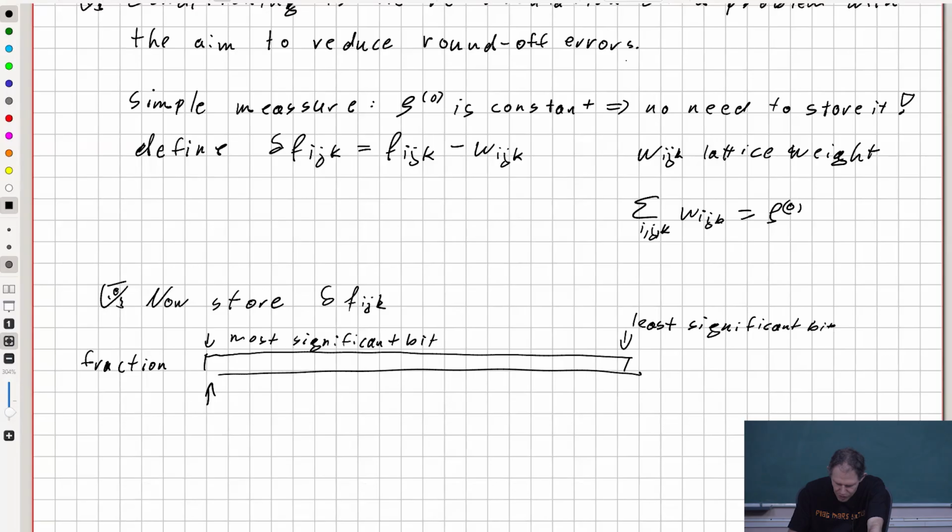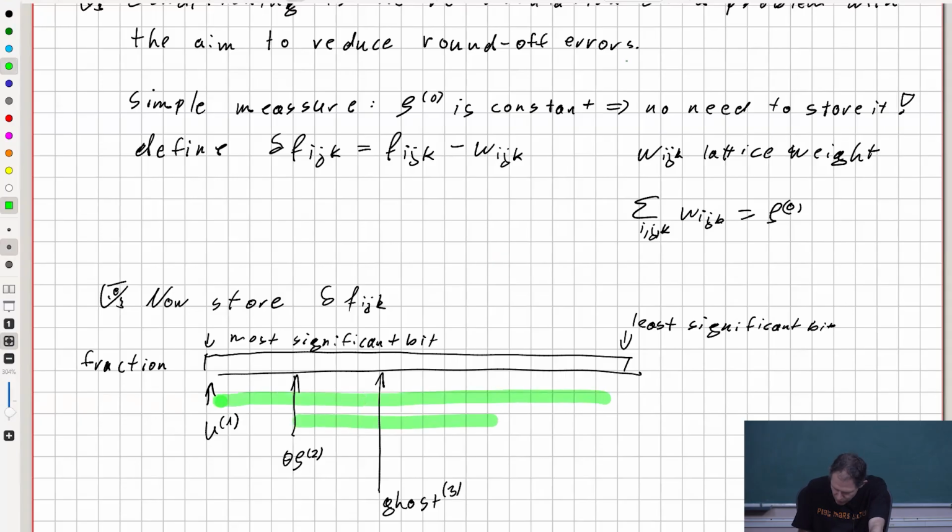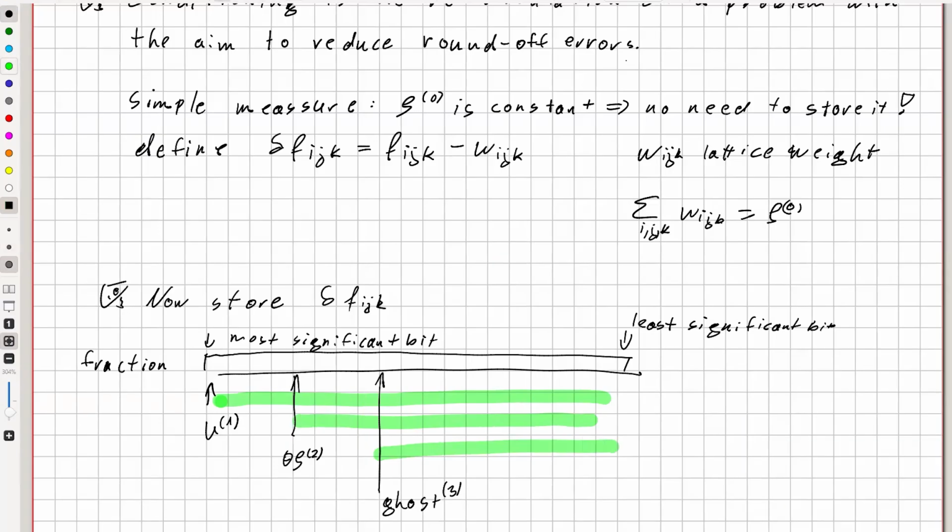So what you now store in the beginning is actually U1. Yeah, so then on the next scale you have rho 2, and here you store the ghosts of third order, and here this is now the amount of memory available for each of these.